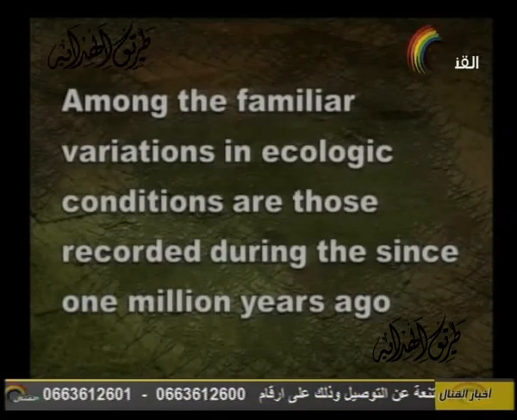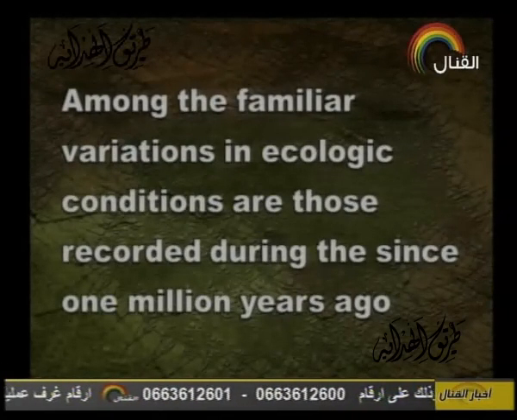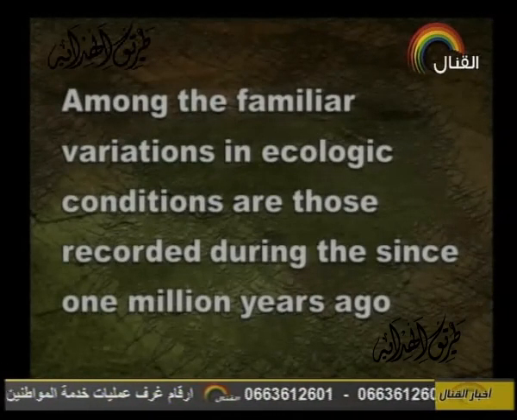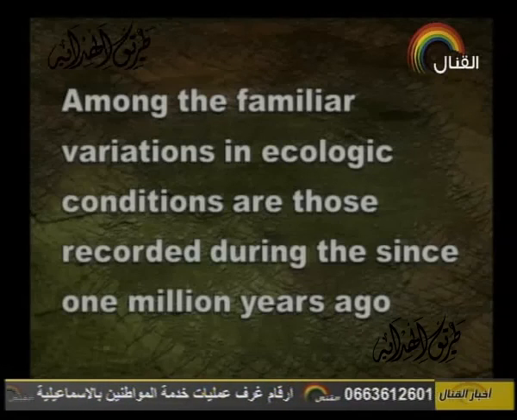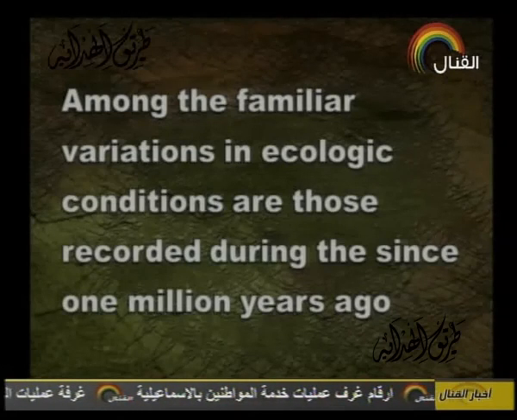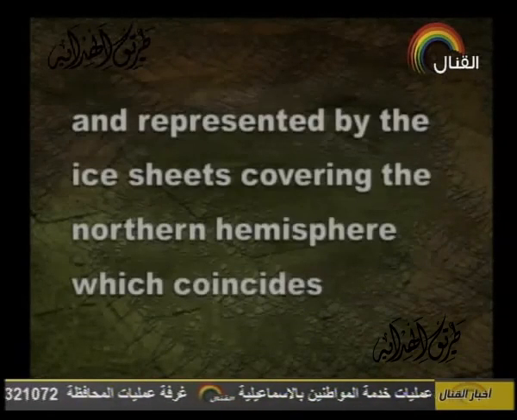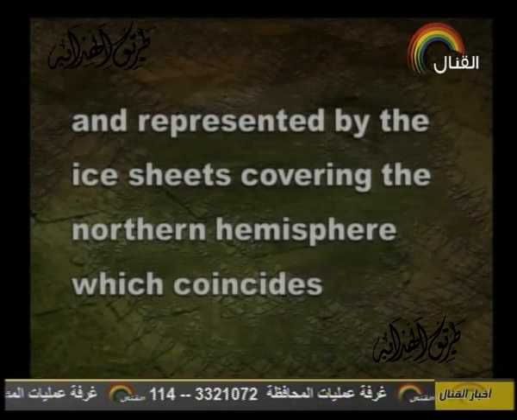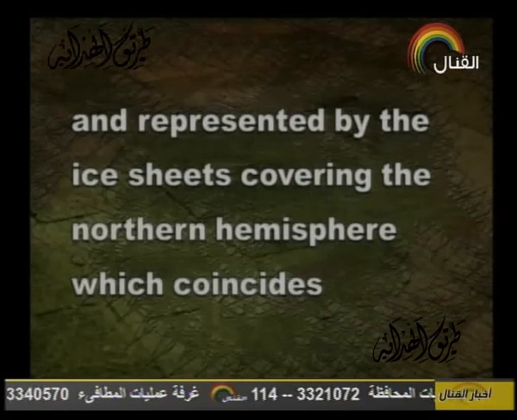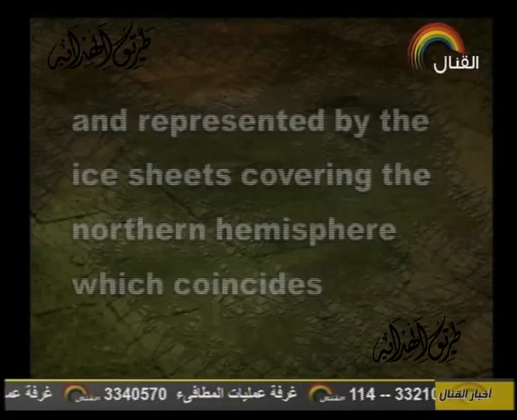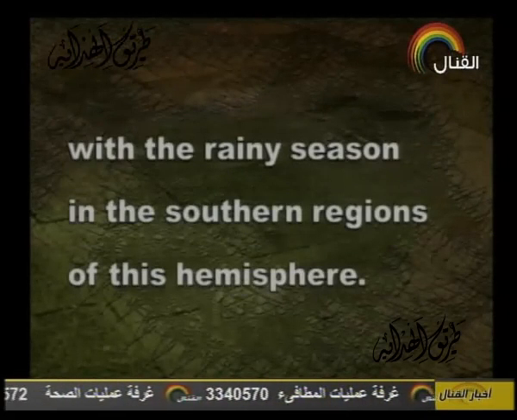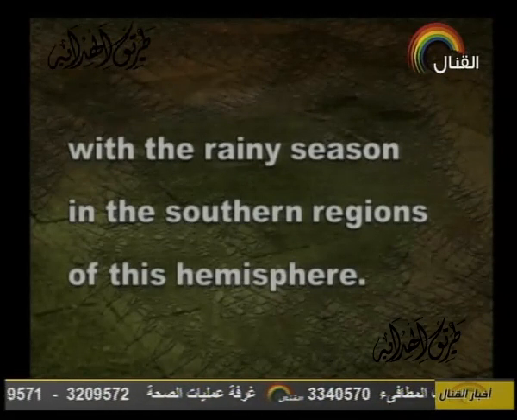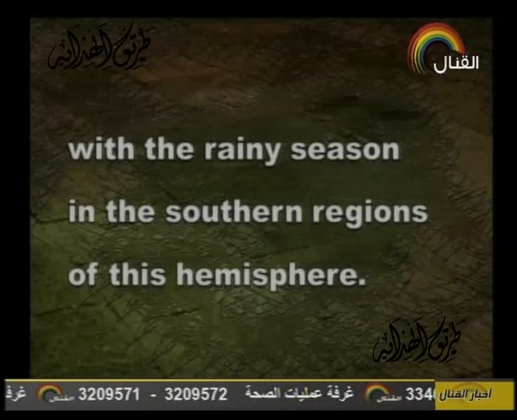Among the familiar variations in ecologic conditions are those recorded during the last 1 million years. We have big changes in environment represented by the ice sheet covering the northern hemisphere, which coincided with the rainy seasons in the southern region of the hemisphere.